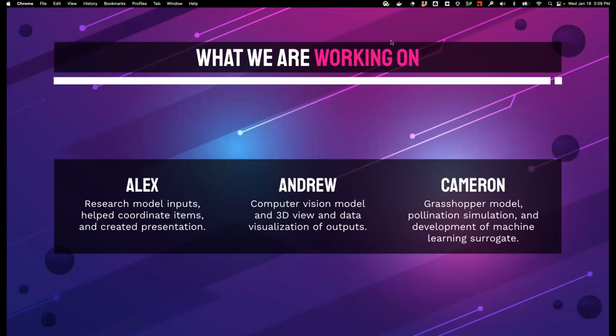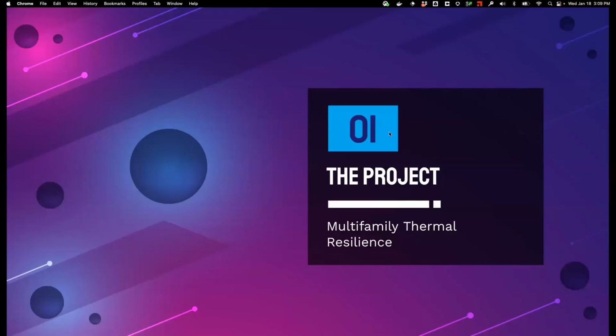What we focused on for the surrogate model itself was multifamily thermal resilience. Basically, it was just looking at varying different things of the building, such as overhang length, to see what the impact would be on peak thermal loads of the building. That was our proxy for thermal resilience. We weren't actually doing a full thermal resilience study.